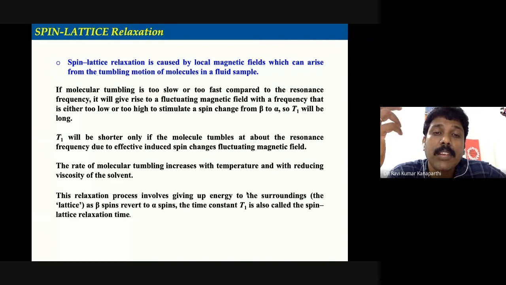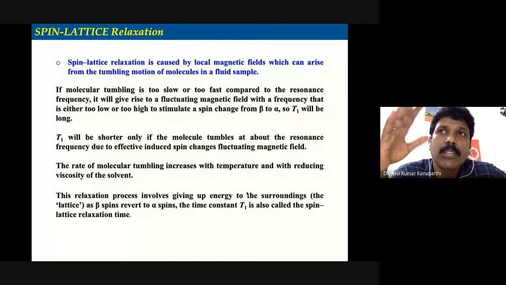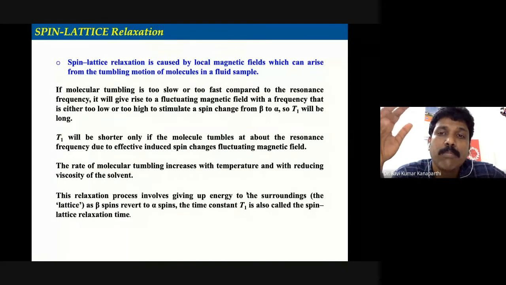If the tumbling motion is too slow or too fast compared to the resonating frequency, the fluctuating magnetic field will not contribute effectively.